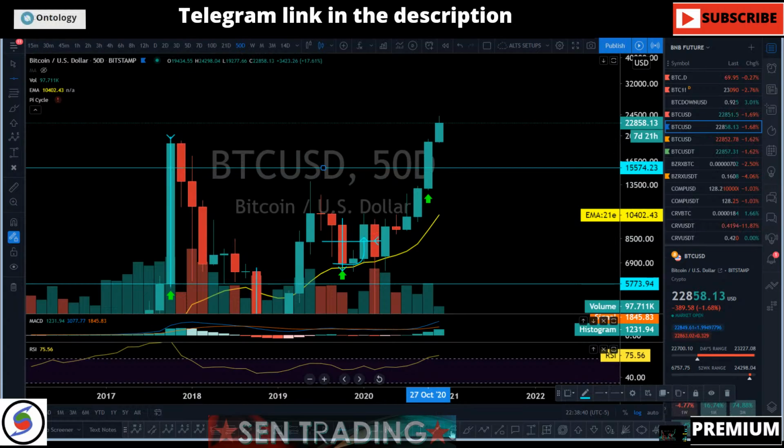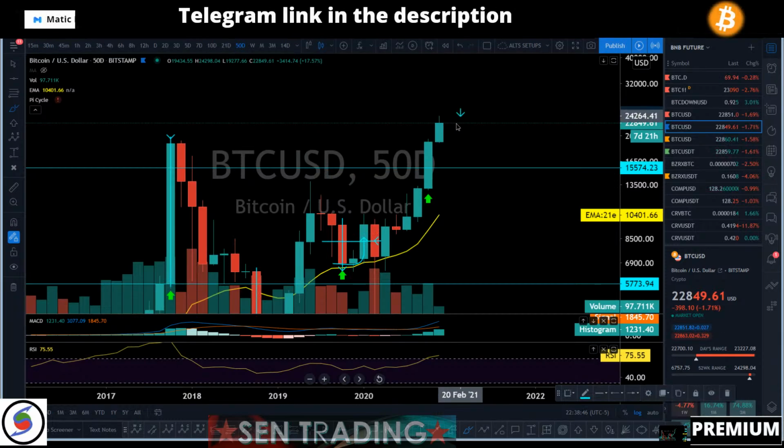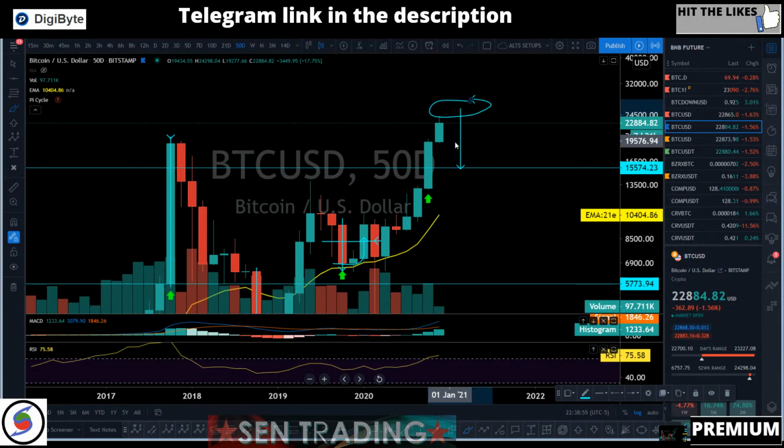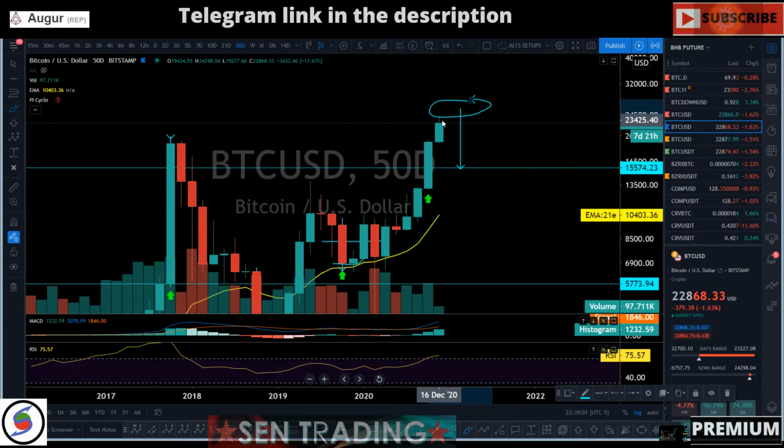So we're going to expect at some point, not sure if this candle is going to do it or the next 50-day candle, to basically apply the same rule and dip at least 50%. Don't know how high we're going to go as of now, looking at the 50-day cycle. But we're just estimating, let's say 24 is the top and we close about 24 to 25 range or even 22.